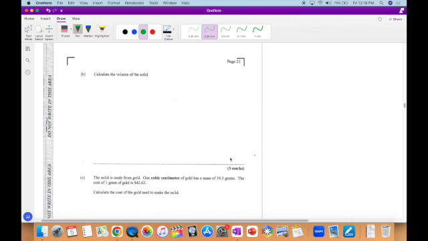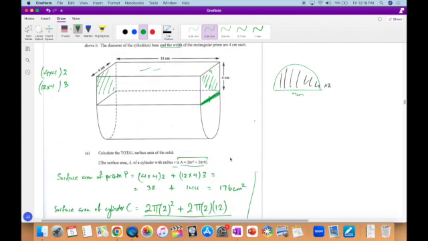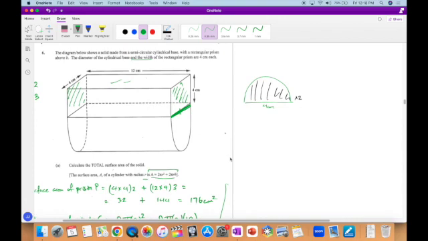Calculate the volume of the solid. So the volume of the solid, right?